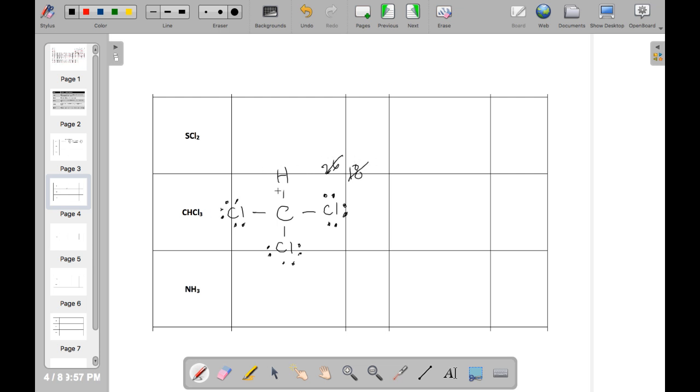You're probably thinking, wait a minute, you didn't draw anything on this hydrogen. But this hydrogen already has 2 valence electrons. It can only hold 2. It only has 1 energy level, so that's already done. This carbon has 8. These chlorines have 8. So this chloroform is good.